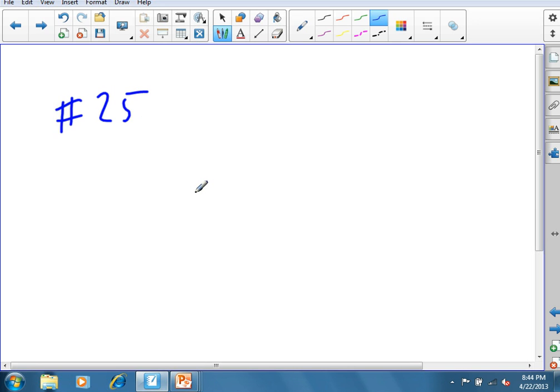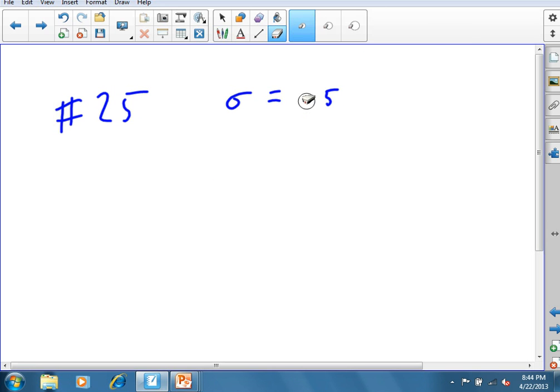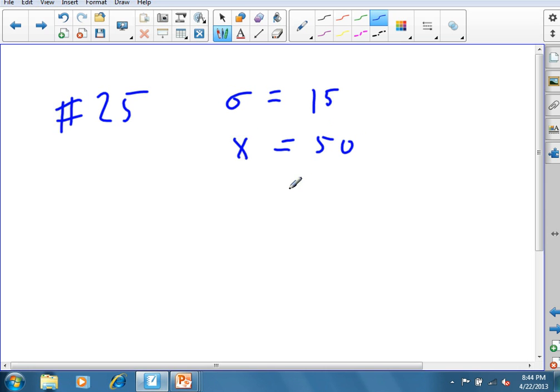If a normal distribution has a standard deviation of 15, am I even doing the right problem? Number 25, standard deviation of 15, and a data point X at 50, and a Z of 3, what is the mean?